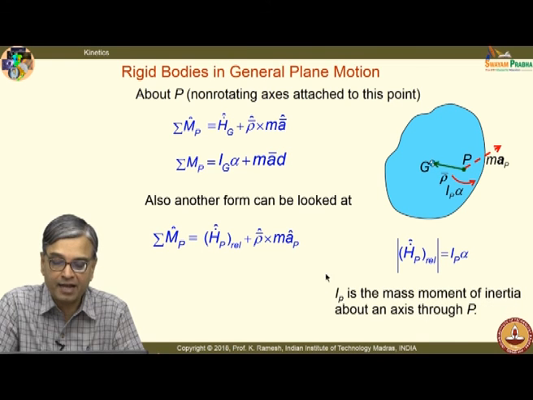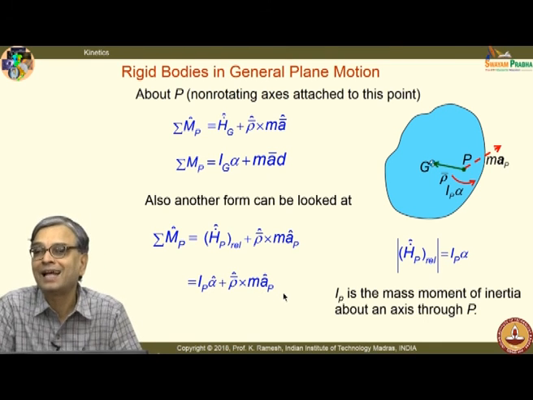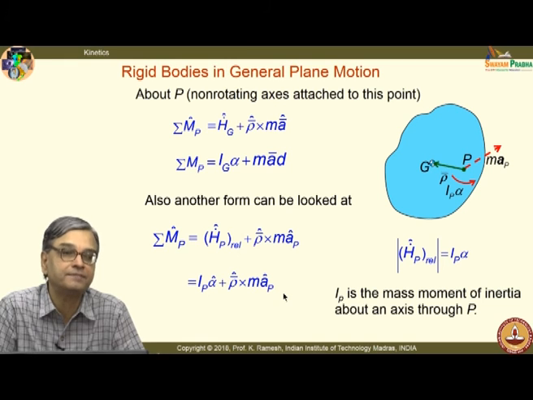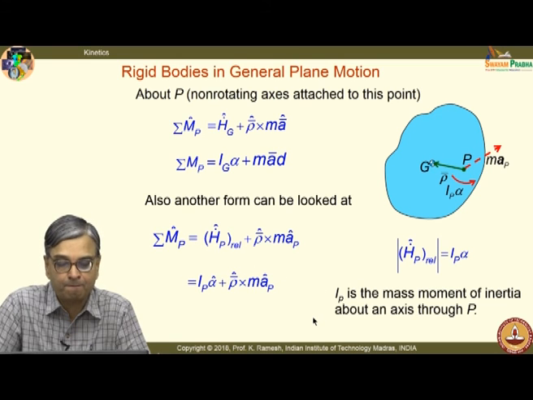So, I p is the mass moment of inertia about an axis through p. And I can write this mp as I p alpha plus rho bar cross m a p, where a p is the acceleration of the point p. So, these are again another representation, either I could use this or I could use this depending on which way I would like to solve the problem.